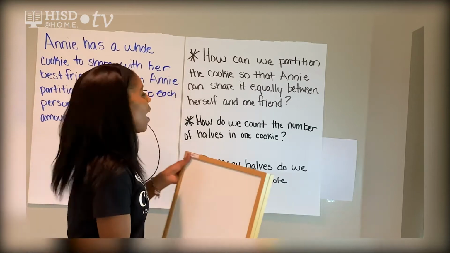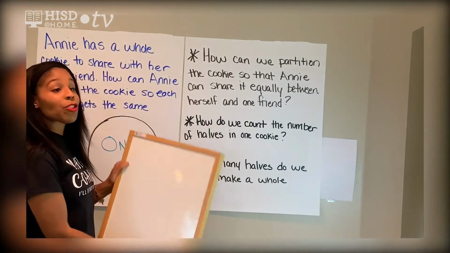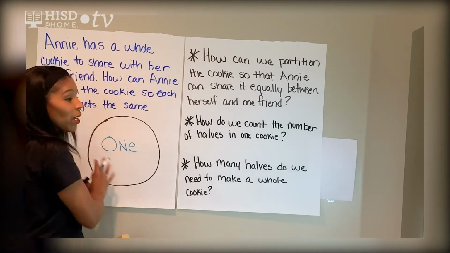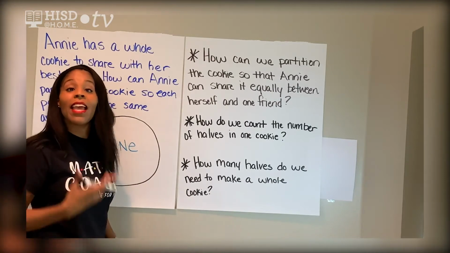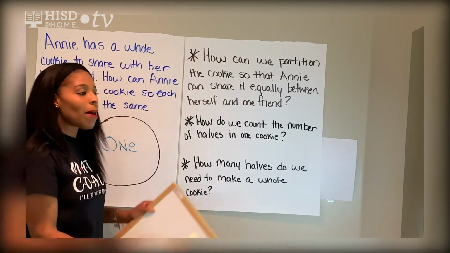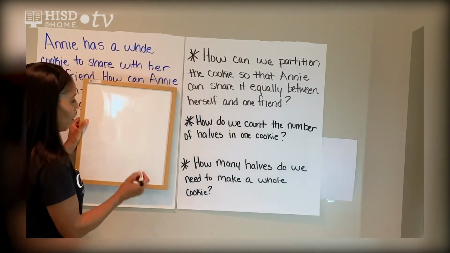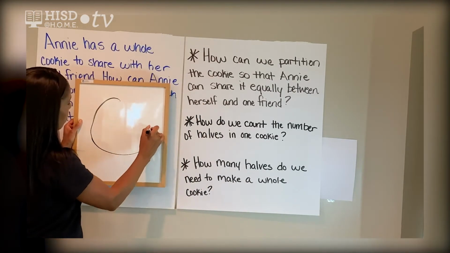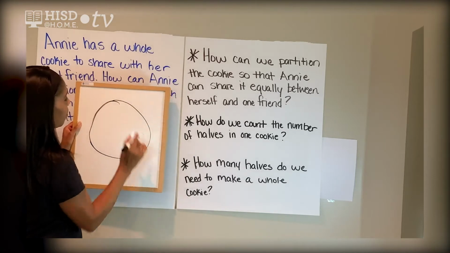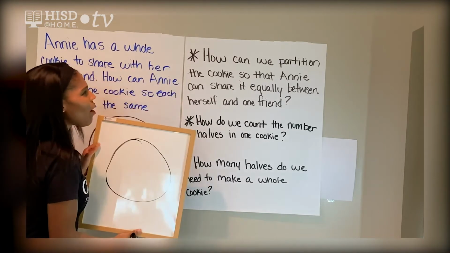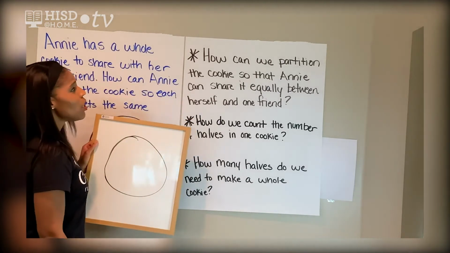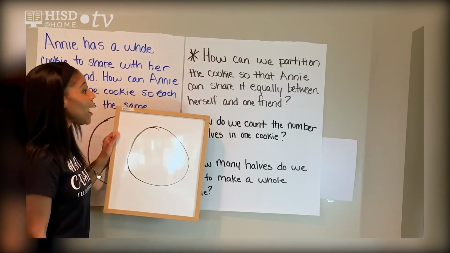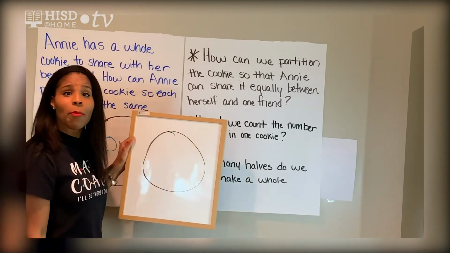I'm going to take my dry erase and I'm going to actually draw this circle here, which represents 1 and represents one whole on my dry erase. So now it said, how can we partition the cookie so that Anna can share it equally between herself and her best friend?